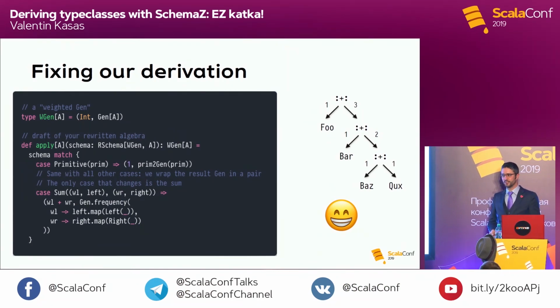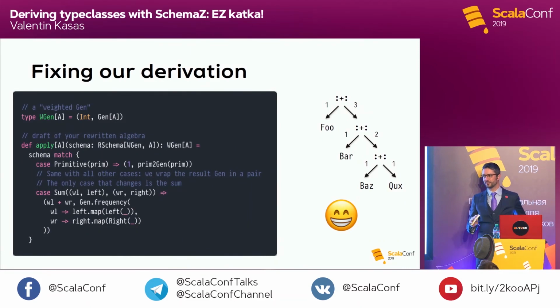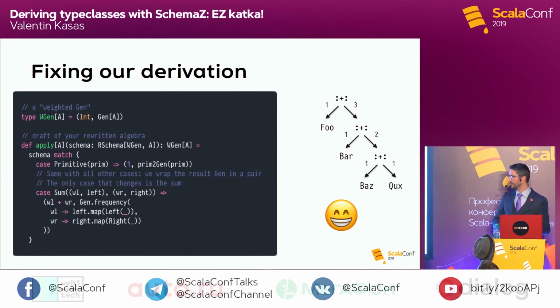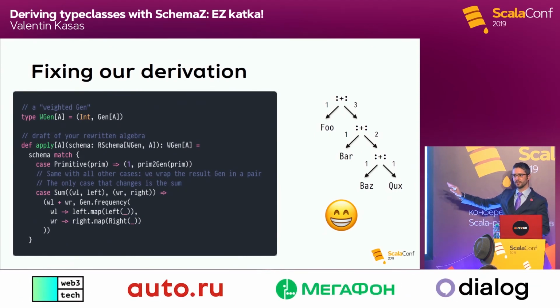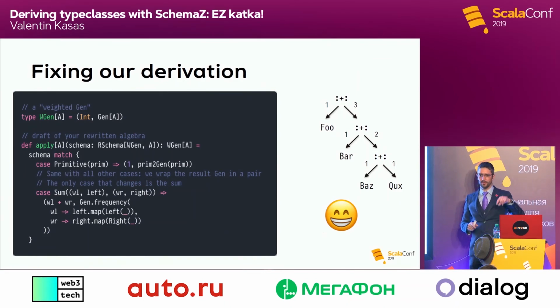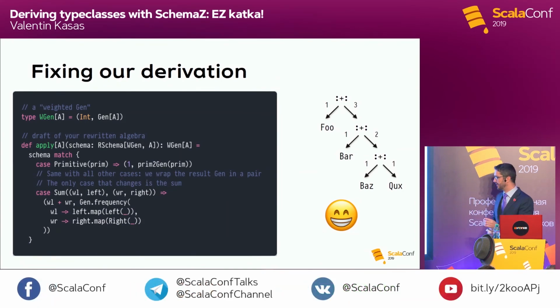All I have to do is to say, okay, I will not derive a gen directly. I will derive something that is a gen labeled with a weight. And what I can do is I keep all the cases the same. I just wrap them in a pair with 1. It's the weight of each branch. Most of the time it doesn't mean anything.